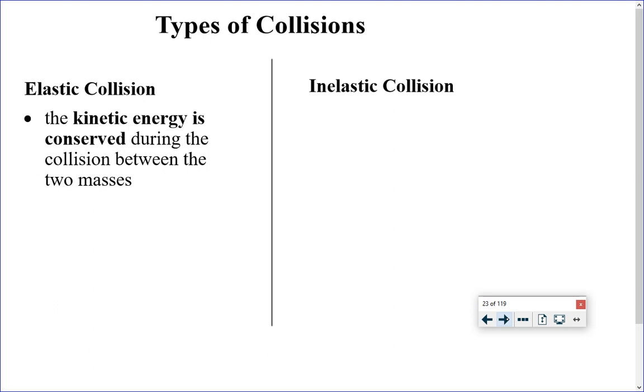Thermal energy is the perfect answer. If kinetic energy is lost in a collision, there is thermal energy, also known as heat. Things get hot. If you've ever done any construction work and you're hammering nails repeatedly, next time you do that, feel the head of the hammer afterwards. It's warm.